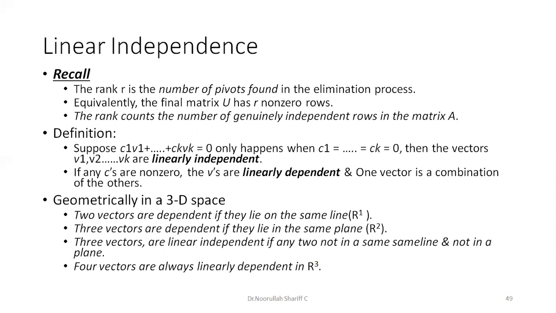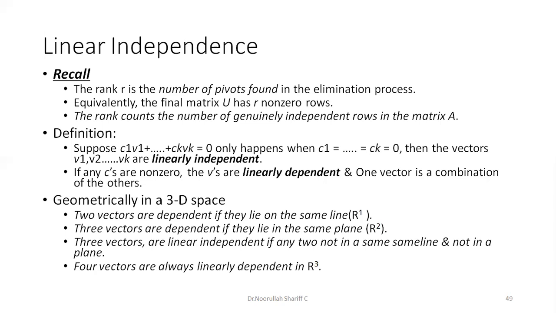When we do the LU or Gauss elimination process, we get the pivots, and the number of pivots will be equal to the rank of the matrix. Equivalently, it just means that the final matrix U has non-zero rows. So the echelon matrix has r non-zero rows, where r is the rank of the matrix.